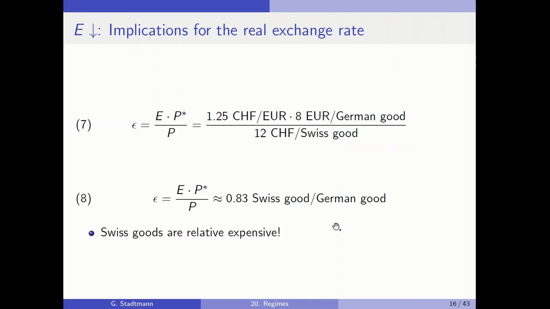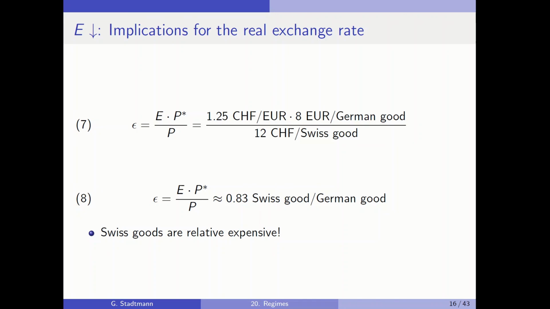So now, after the nominal exchange rate decreased, the real exchange rate becomes 0.83 Swiss goods for one German good. So Swiss goods are relatively expensive now. So we confirm the previous results.